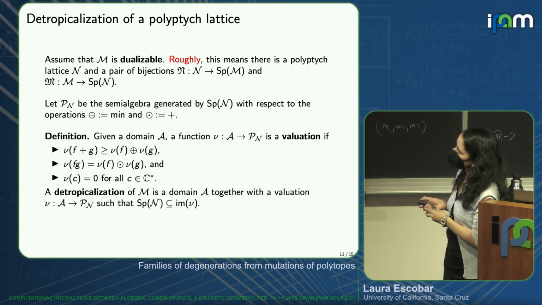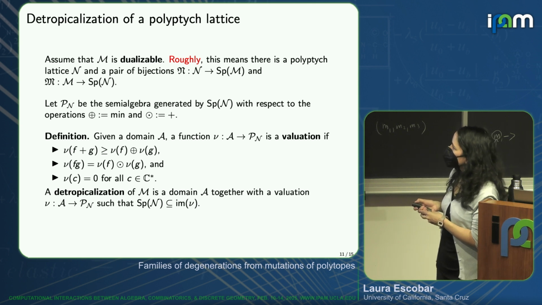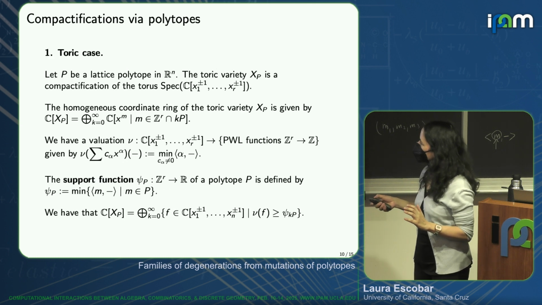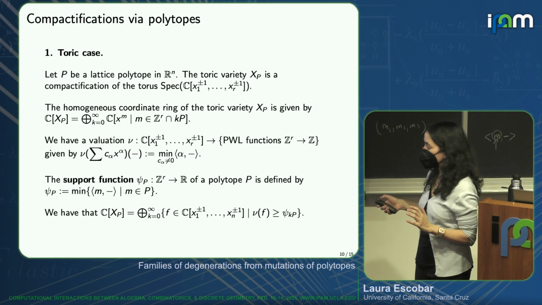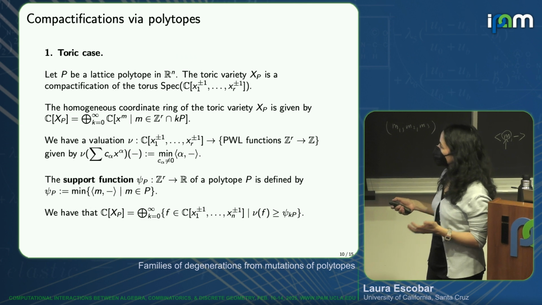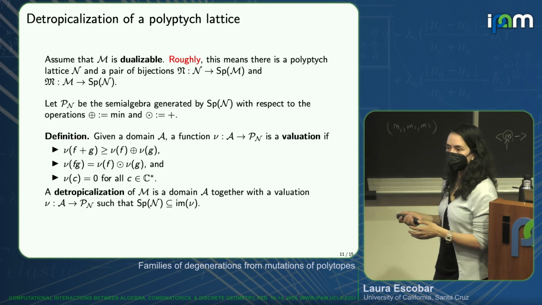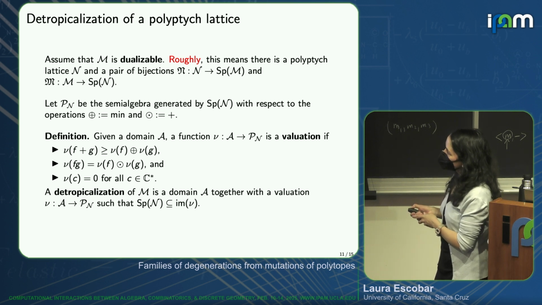This will be important. In the previous one we had piecewise linear functions, and piecewise linear functions are generated as a semi-algebra by linear functions. Here we do the same thing: we generate a semi-algebra by taking an analog of linear functions and taking minimums and pluses of them.